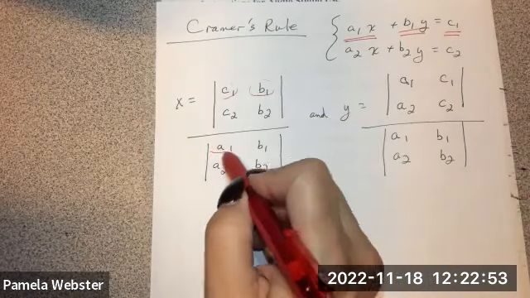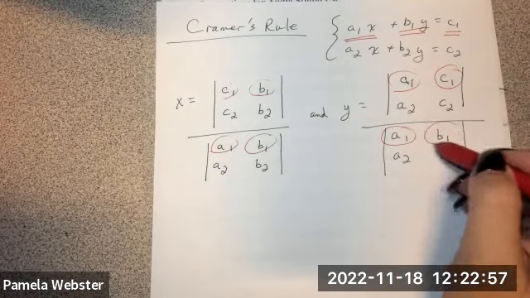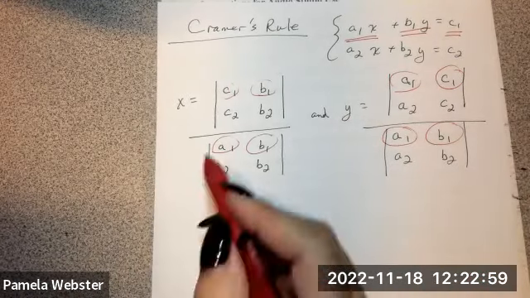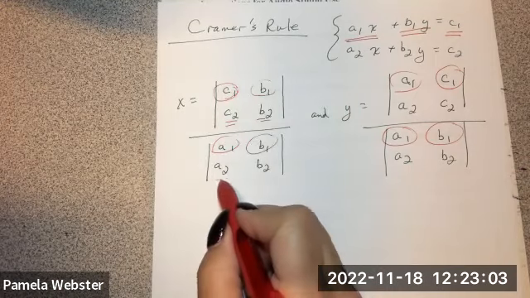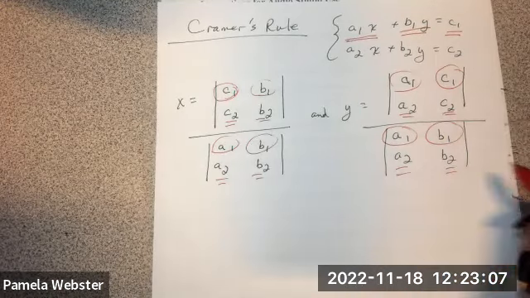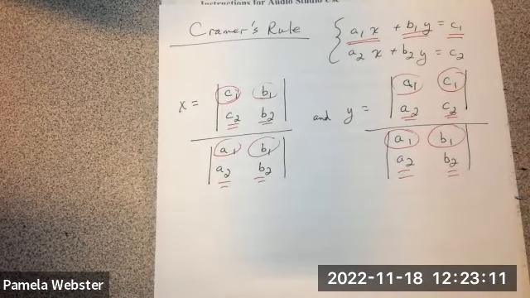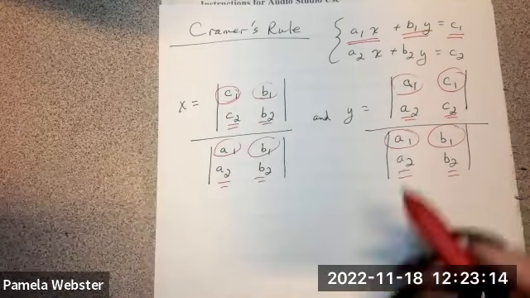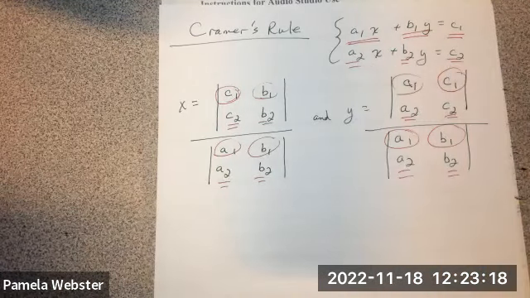These guys on the top, I've got my ones. Those all come from the first equation, right? These guys on the bottom, those all have 2's in them, and they all come from the second equation. And we're just plugging things in.